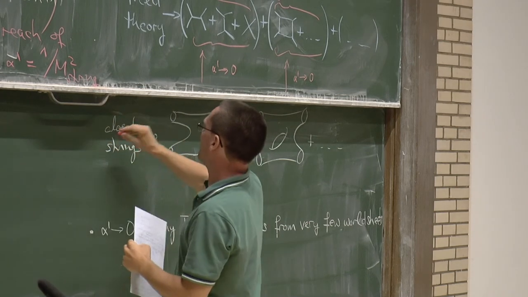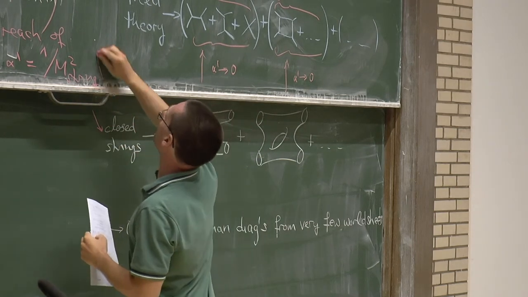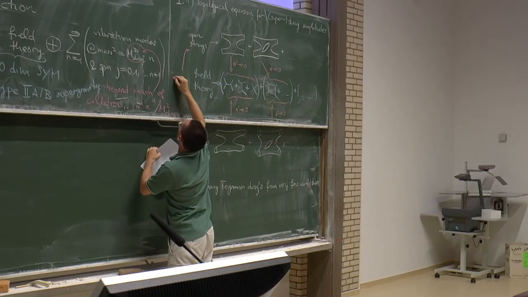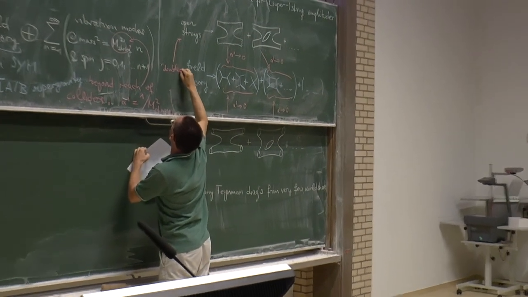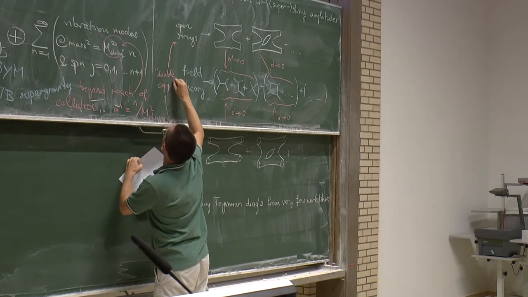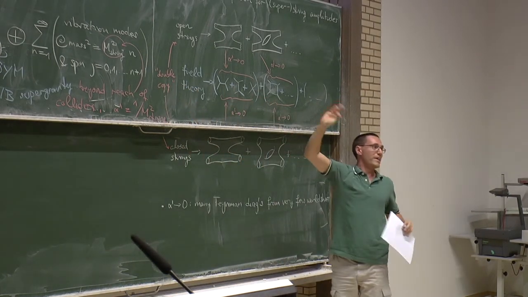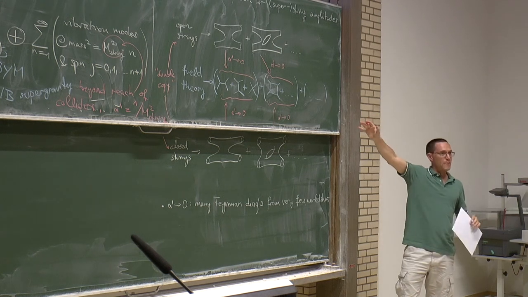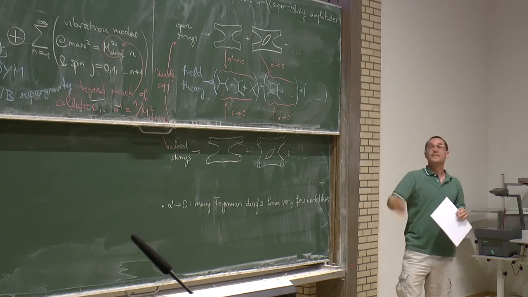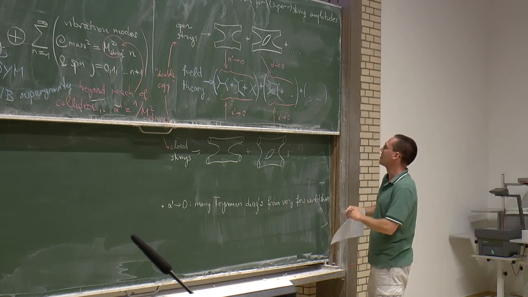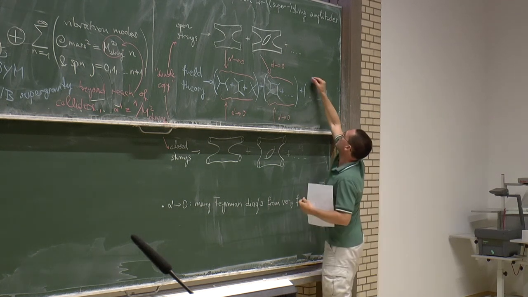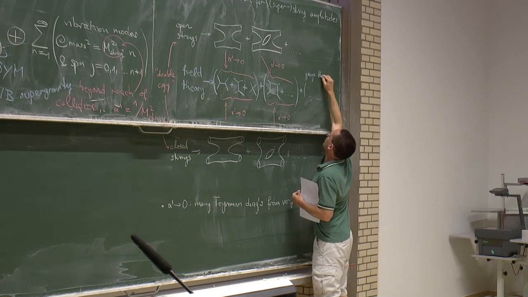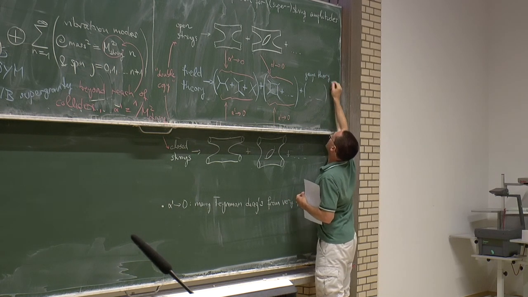So a schematic statement to be made right here is that there is a connection between open and closed strings, double copy, valid at any range of alpha prime. But of course, if double copy is generic with respect to alpha prime, it must survive in the alpha prime to 0 limit. So the respective field theories that you get at alpha prime to 0 must also be related by double copy.